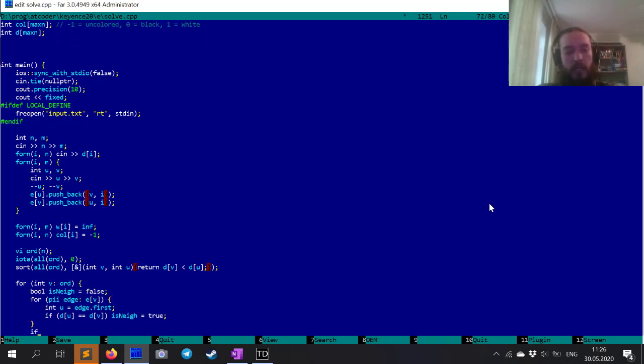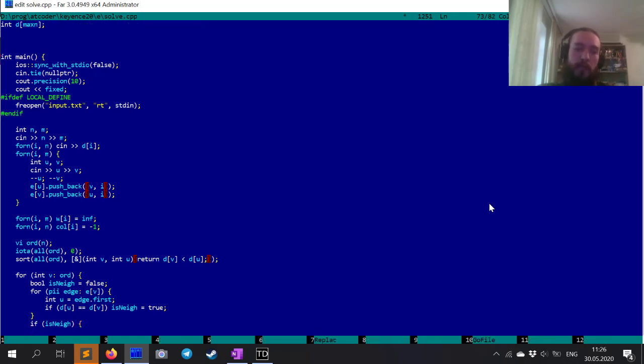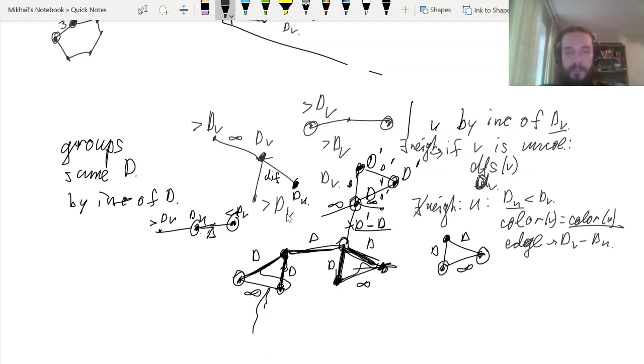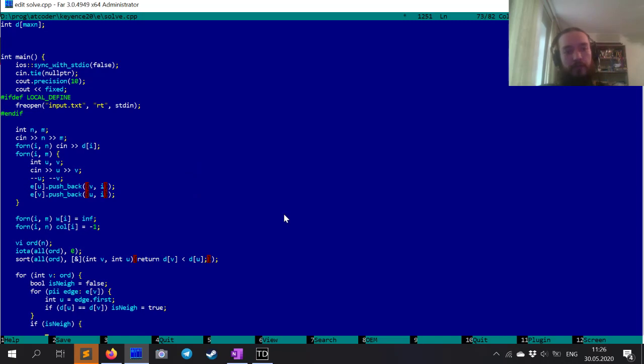Okay, so now if there is a neighbor, then we are in this connected component, right. Either this component was already colored. If this is colored, then we already have a color as well.